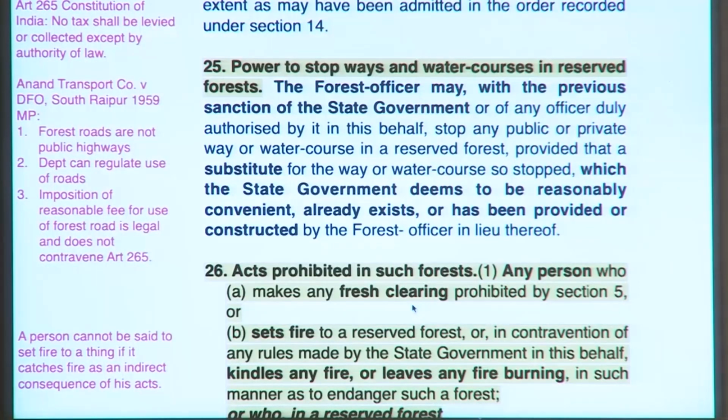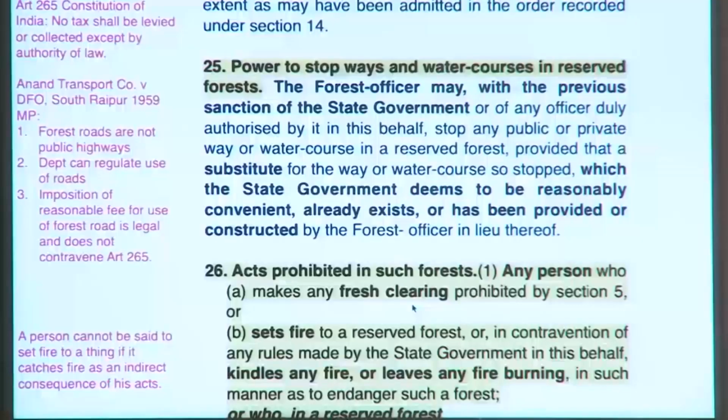So, now what we are saying is that the forest settlement officer has the power to stop any way, that is to stop any road or to stop any waterway, provided that an alternative is provided to the people. So, this is another power of the forest settlement officer.